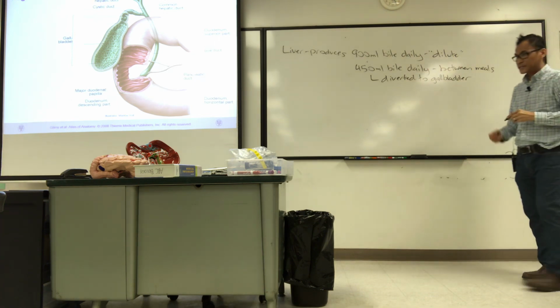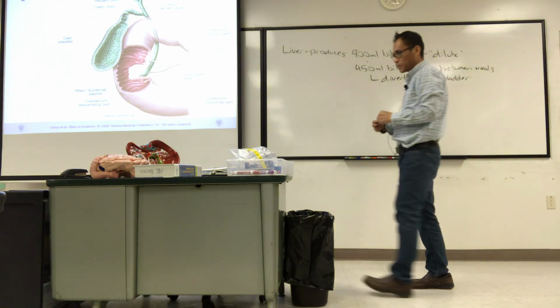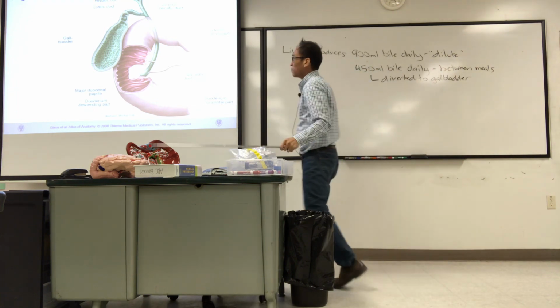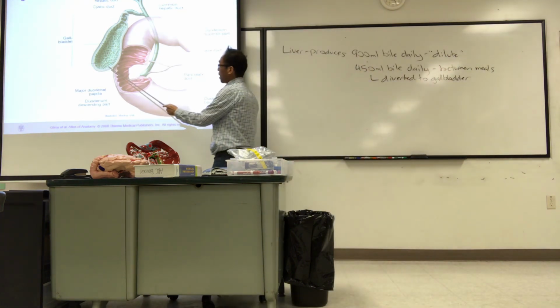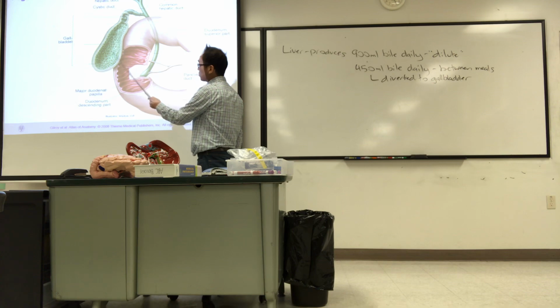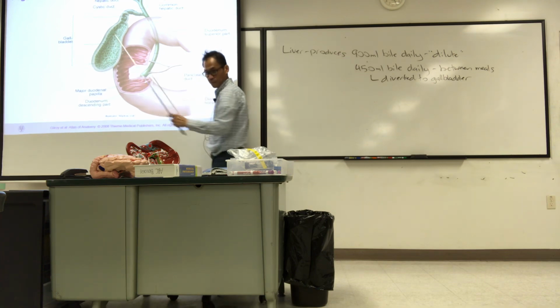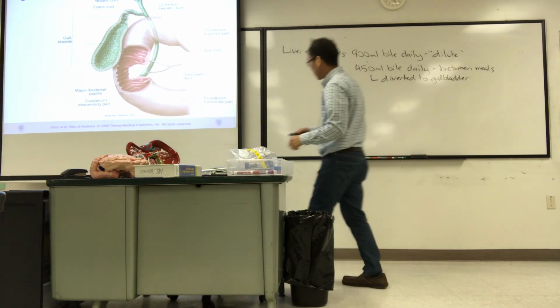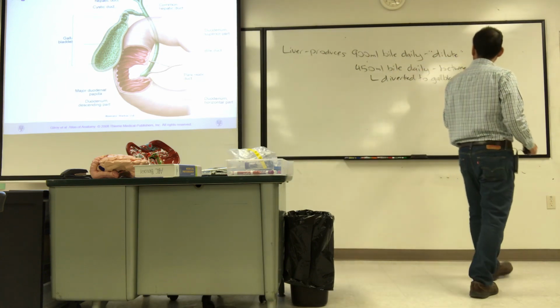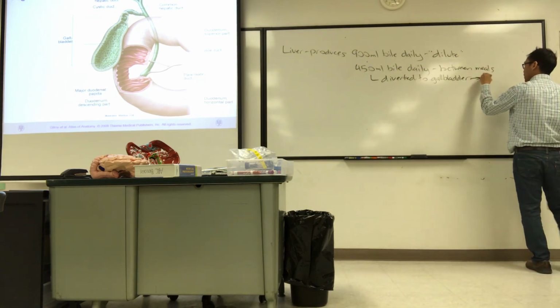If you look at the inside of the gallbladders we see here, the surface is pocketed and not smooth, and that helps to concentrate the bile and the bile salts.